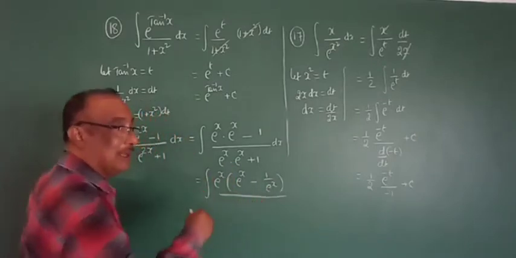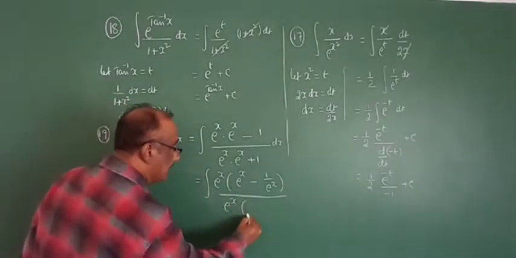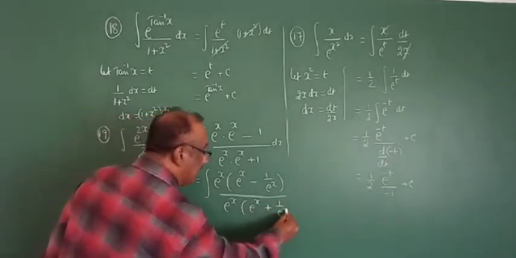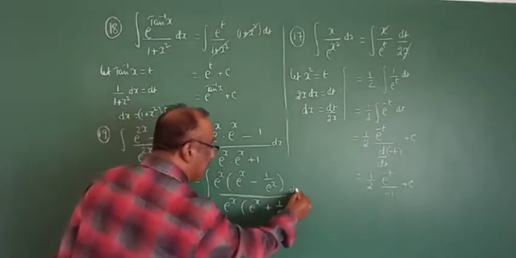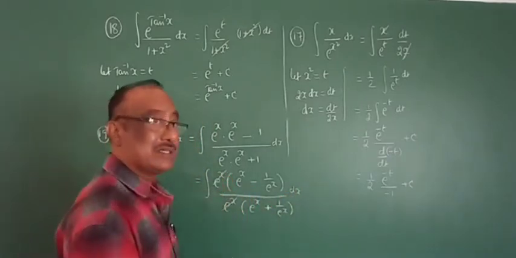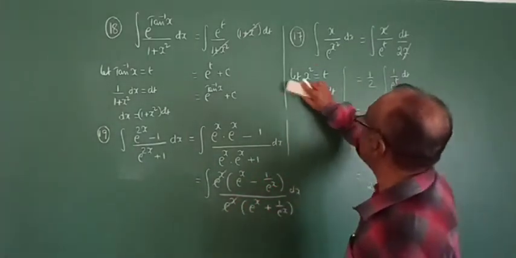Here also I take one e power of x common, e power of x is remaining, and in the denominator write e power of x into dx. e power of x cancels. Okay? Right. Now I am writing here.